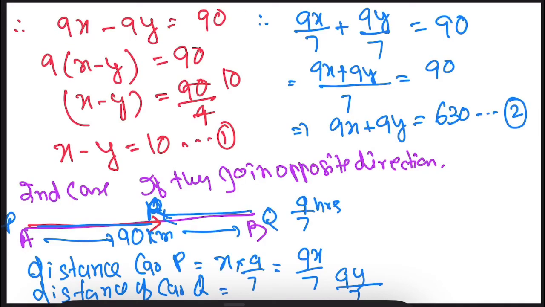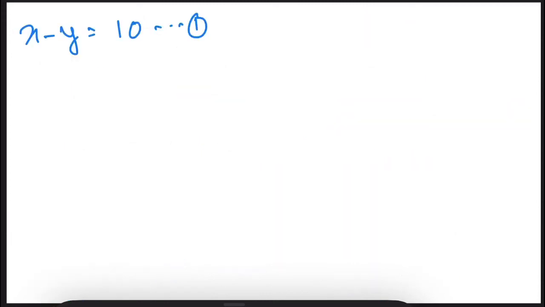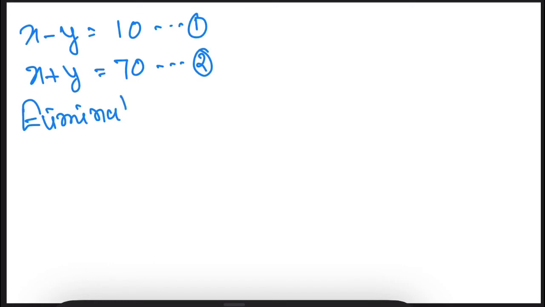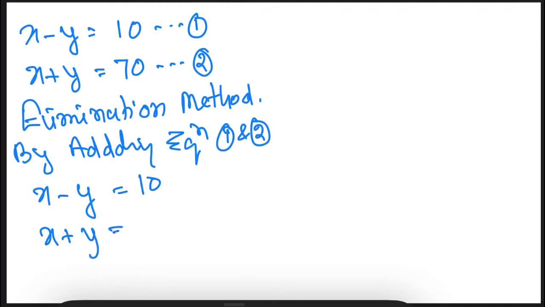The second equation is 9x plus 9y, that is 9 times (x plus y) equals 630, so x plus y equals 630 upon 9, which is 70. x plus y equals 70. Now you can eliminate y by the elimination method, by adding equations 1 and 2: x minus y equals 10, x plus y equals 70.